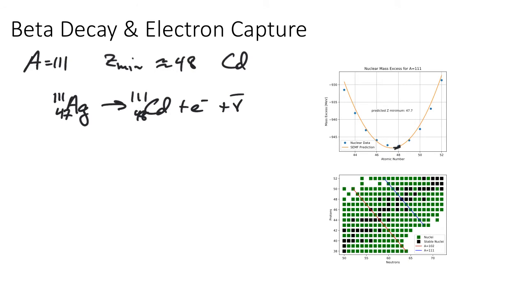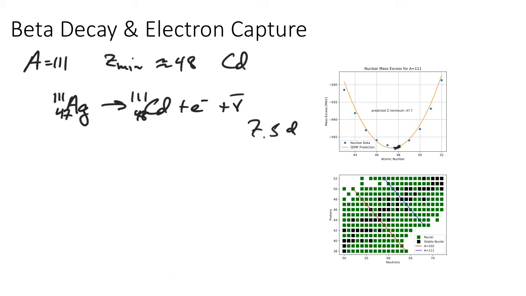And so that is this interaction going from this one to that one. It's not a very big change in energy, but it still goes to a lower energy, including the mass of the electron. And it turns out this has a lifetime of 7.5 days.